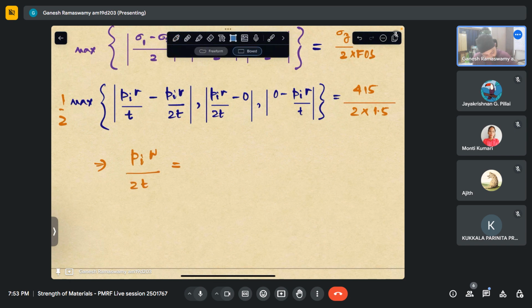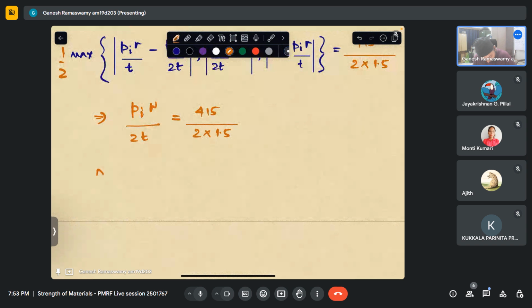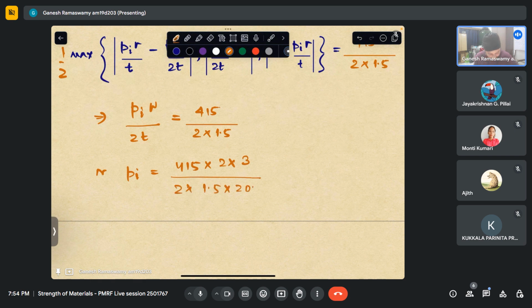So our Pi is nothing but 415 into 2 into 3, where 3 is the thickness T, divided by 2 into 1.5 into R, which was 200 mm. So this comes out to be 415 into 6 by 2 into 1.5 into 200, which is 4.15 MPa exactly.